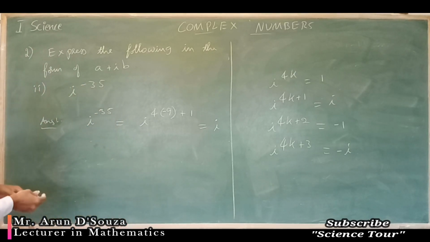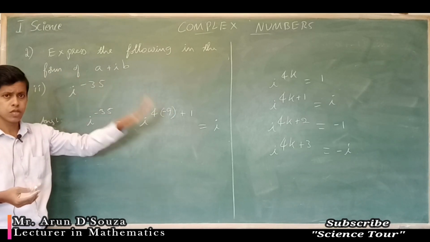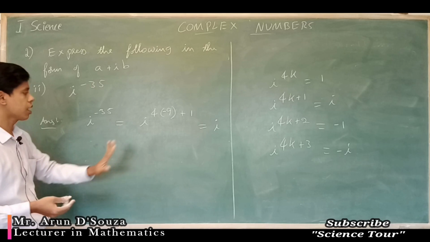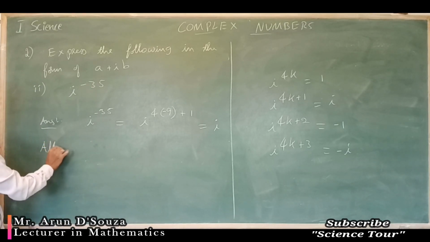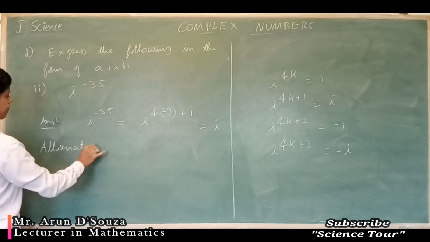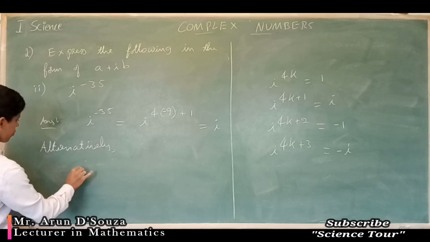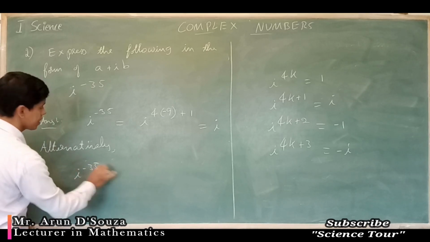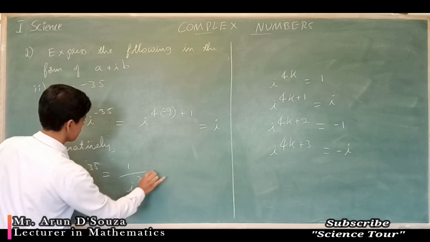If you are not in a position to recall the formulas during the exam, let us say, you have an alternative method. Alternatively, i raised to minus 35 can be written as 1 by i raised to 35.